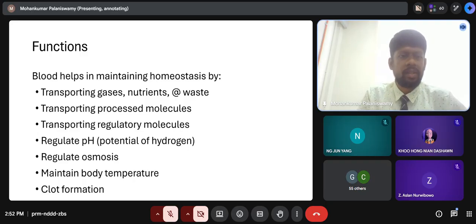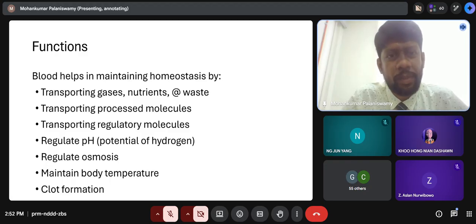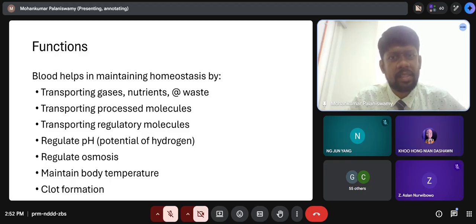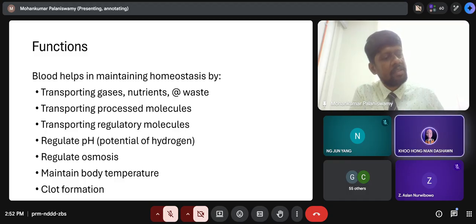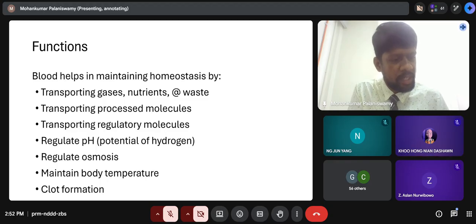functions of blood. So these are all the possible functions that blood can do. Blood helps in maintaining homeostasis. In last semester, we discussed homeostasis. Does anybody remember, or know the meaning of homeostasis? Regulating our body temperature so that it adapts to the outside environment.